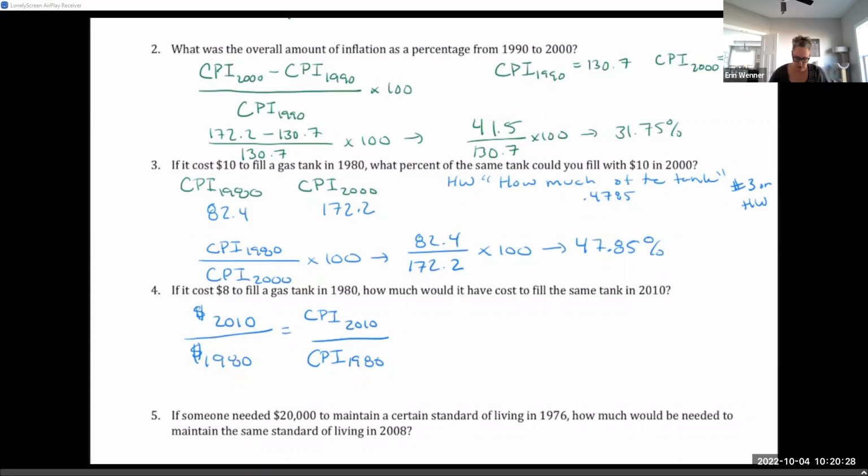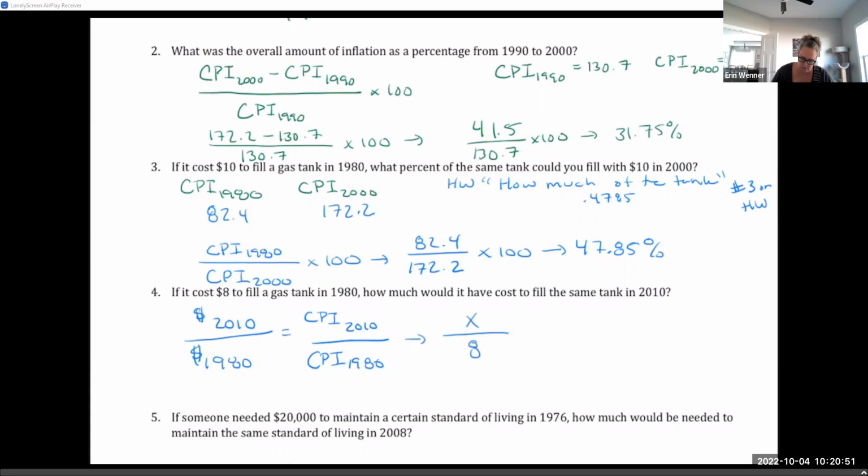I like this use of the two fractions because we've done these proportions before. We just cross multiply and divide. Our amounts in the bottom are considered our references, so that's what we're comparing it to. If we plug in what we know, the money in 1980 was $8. The money in 2010, we don't know.